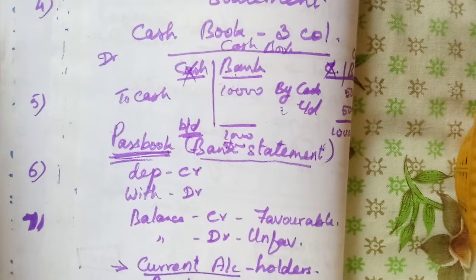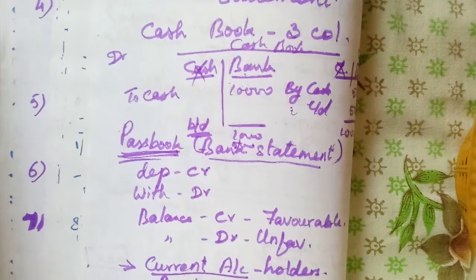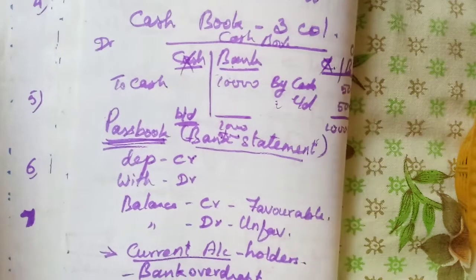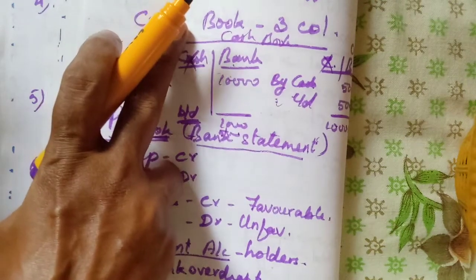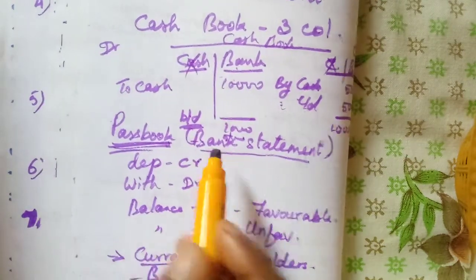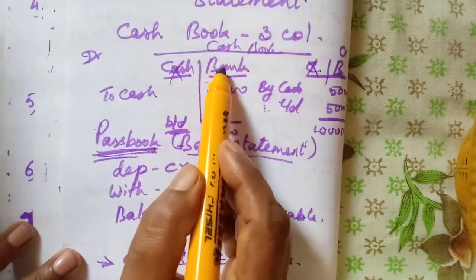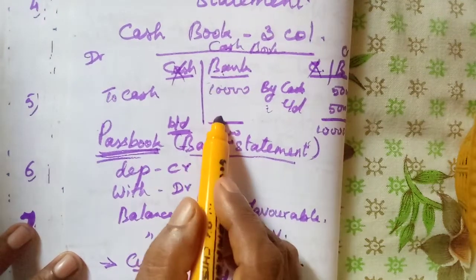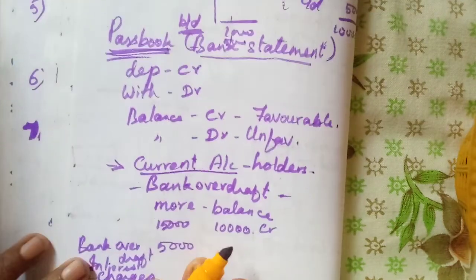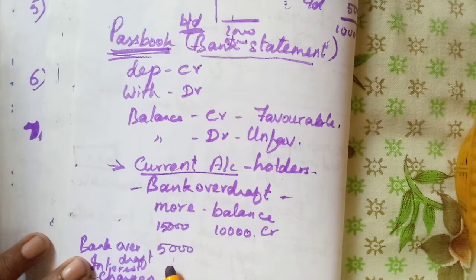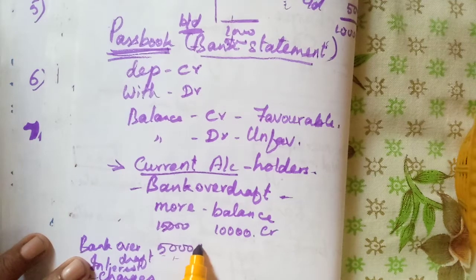But this bank reconciliation statement we need to prepare when the balance in the bank column of the cash book is 5,000 and the bank passbook also shows 5,000, but extra we have that debit balance here.